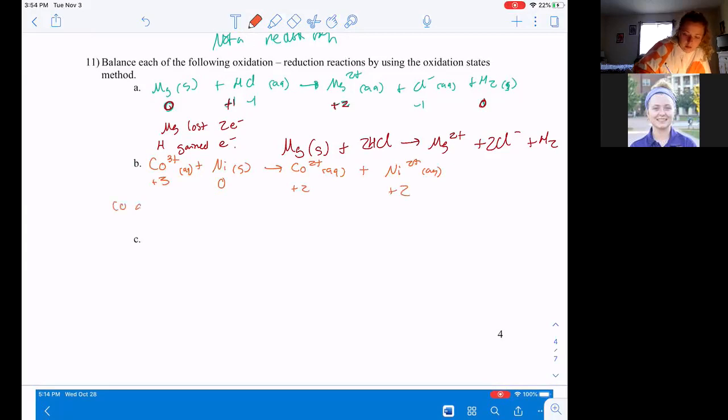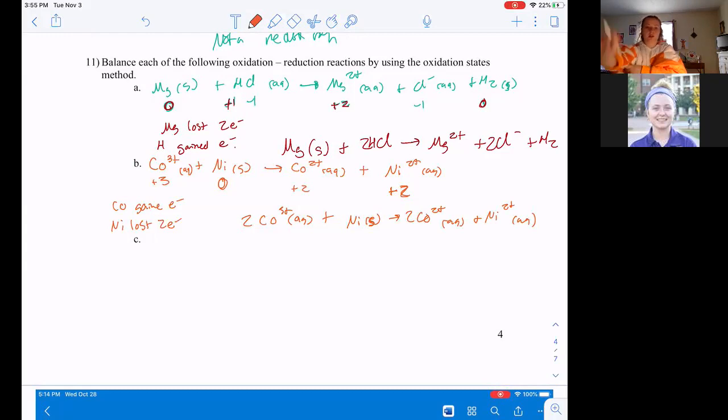So Co gained an electron, and Ni lost 2 electrons because it goes from 0 to +2. So the way you're going to rewrite it is 2 Co3+ aqueous plus Ni solid goes to 2 Co2+ aqueous plus Ni2+, because you have to balance out how many electrons are gained and lost.